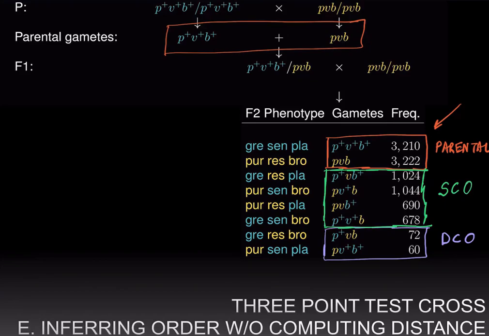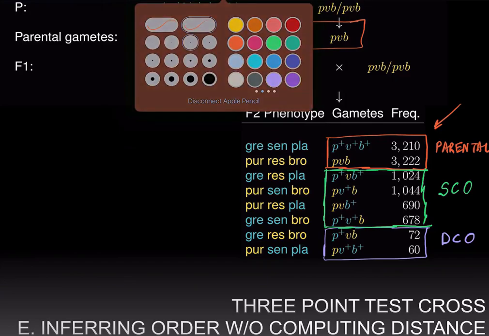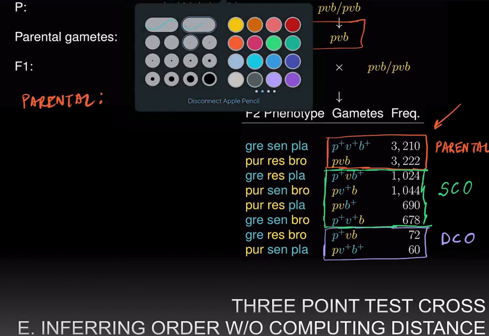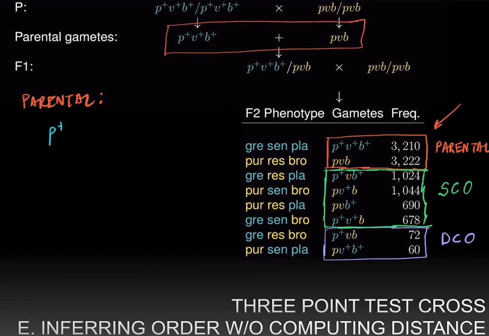Now, let's write down the parental genotypes, which are V B plus, V plus B plus, and PVB.